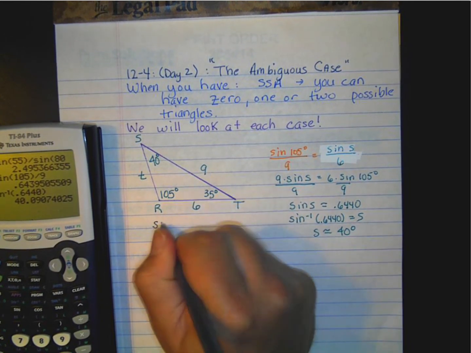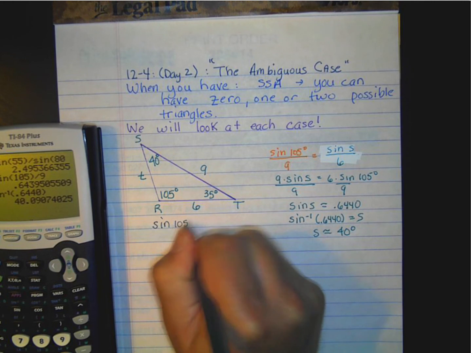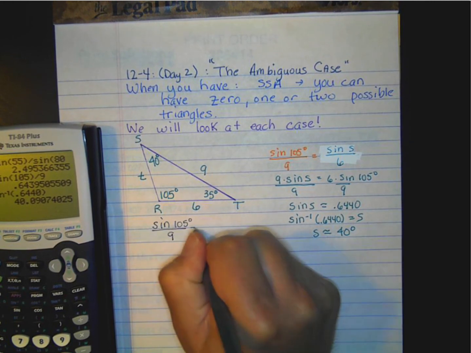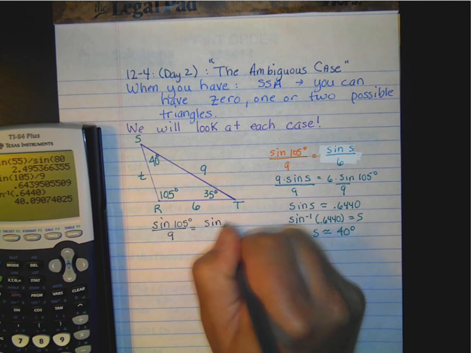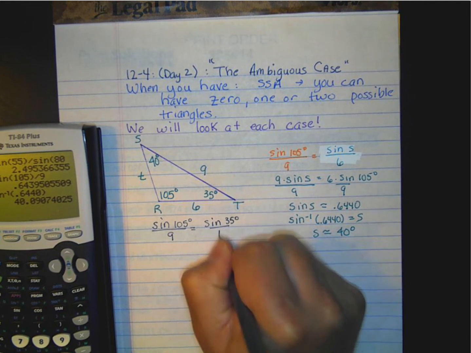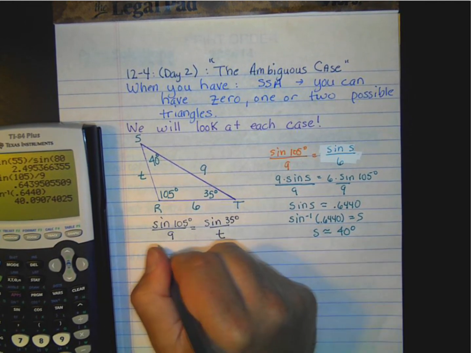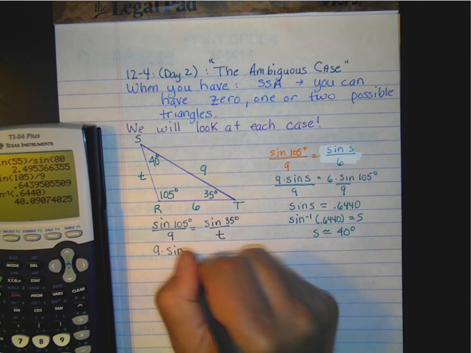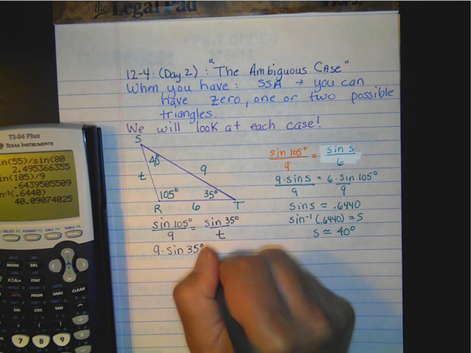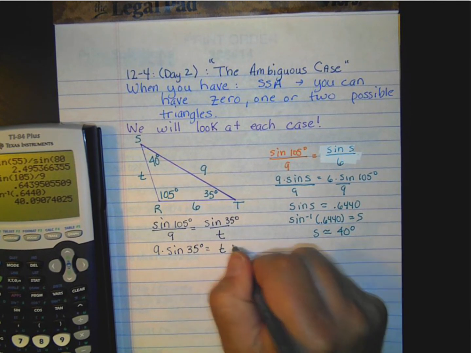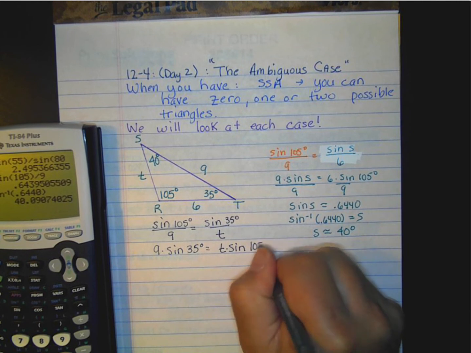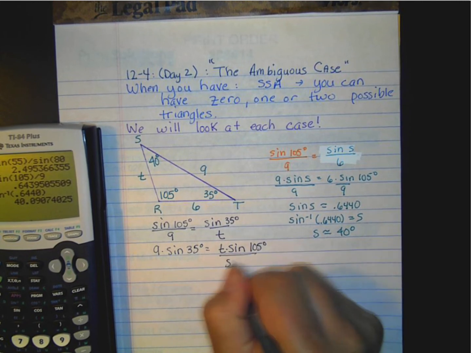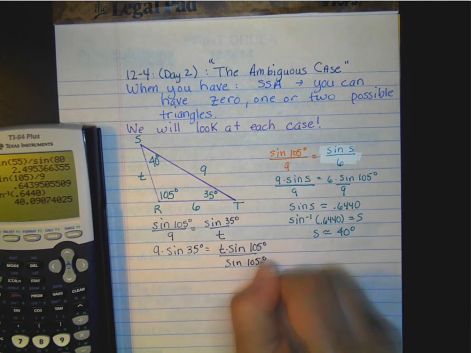So sine of 105 over 9 equals the sine of 35 over t. Do the same math again, 9 times sine 35. Some of you will learn to do a little shortcut here: t times sine of 105 divided by sine of 105.